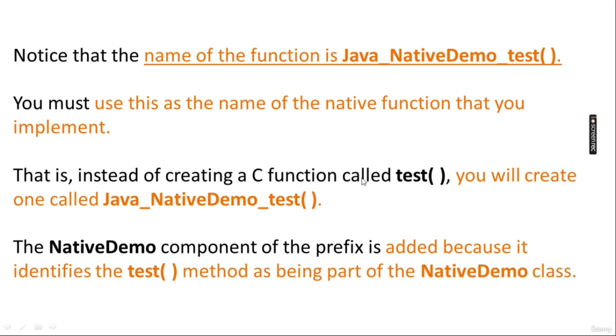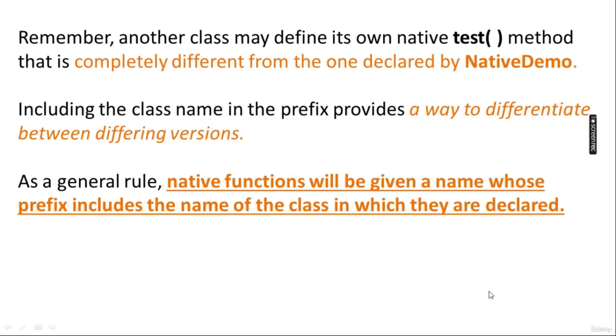Instead of creating a C function called test, you will create one called Java_NativeDemo_test. The NativeDemo component of the prefix is added because it identifies the test method as being part of the NativeDemo class. Why is it added? Because test is not a simple method in this case. First of all, it is a native method, and secondly, it is a part of the NativeDemo class.